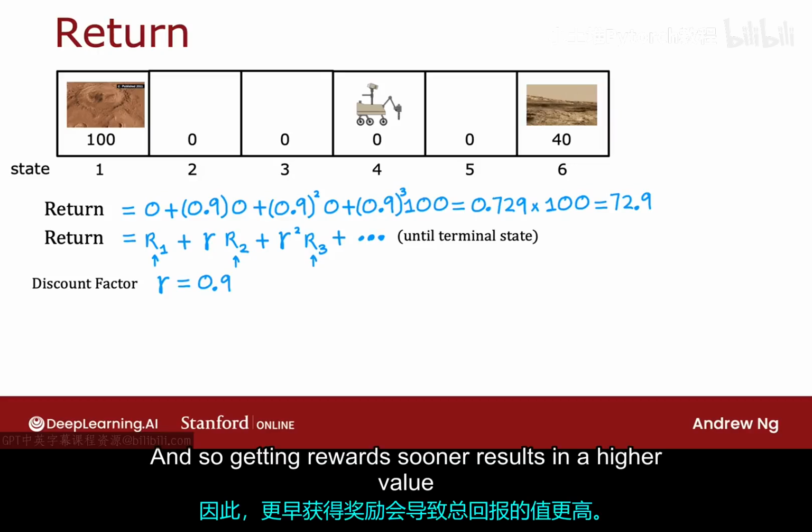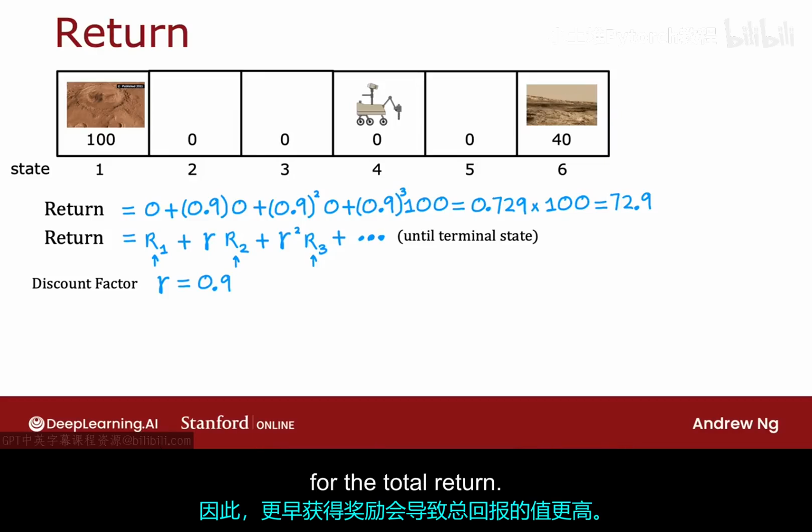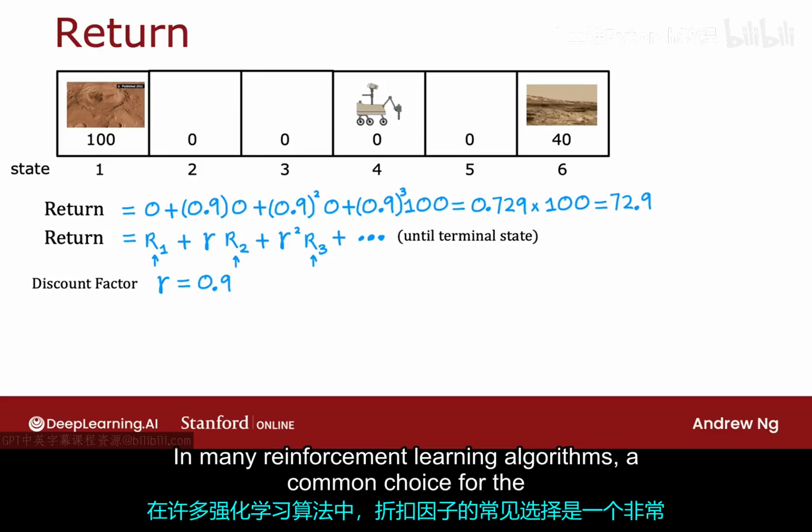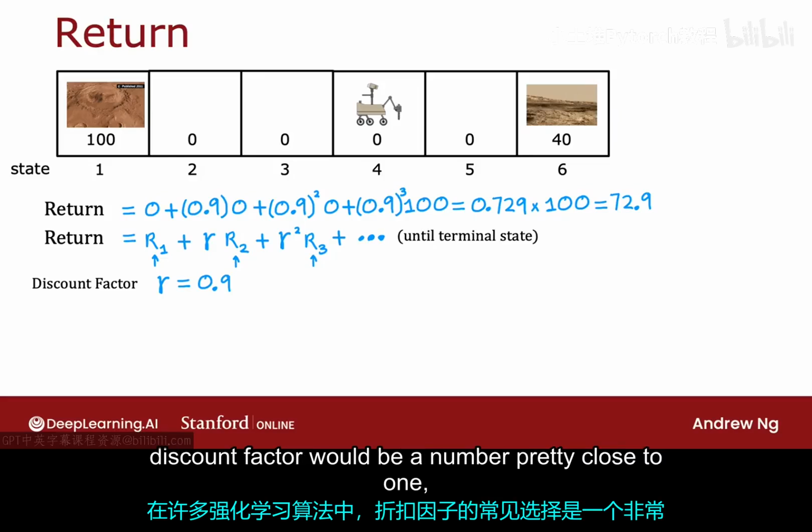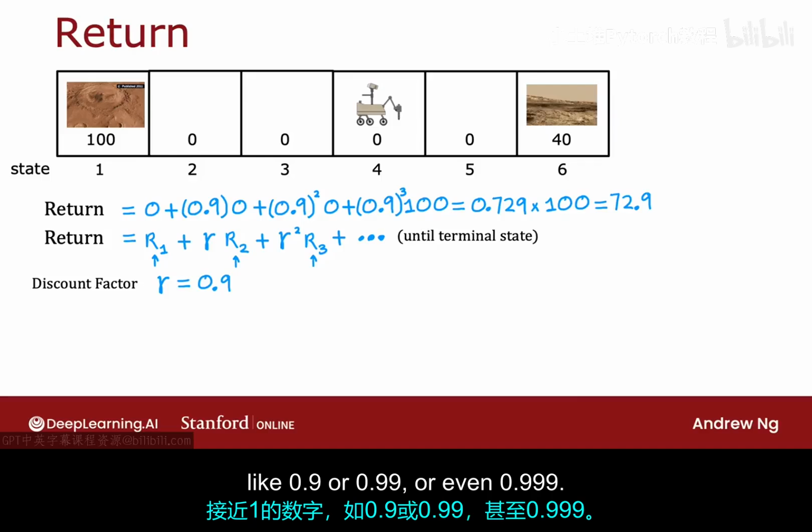And so getting rewards sooner results in a higher value for the total return. In many reinforcement learning algorithms, a common choice for the discount factor will be a number pretty close to 1, like 0.9 or 0.99 or even 0.999.